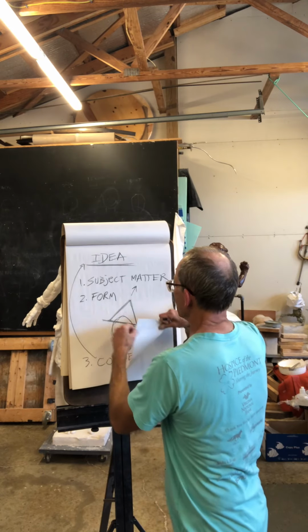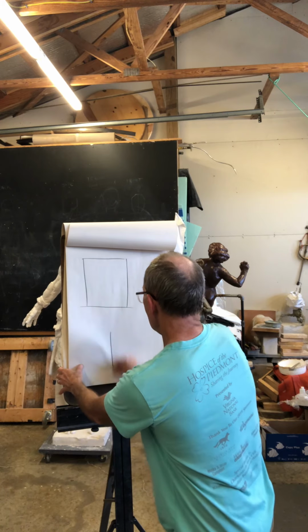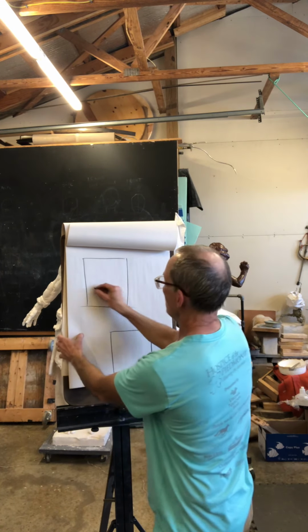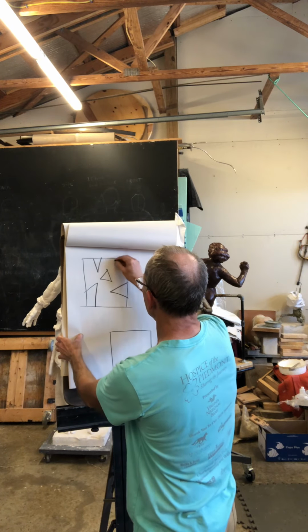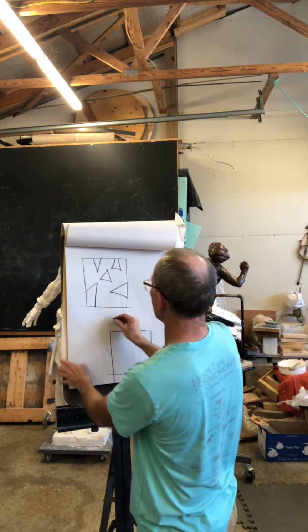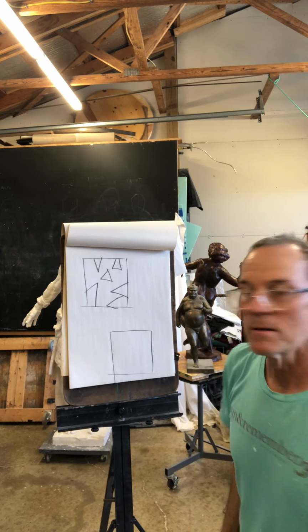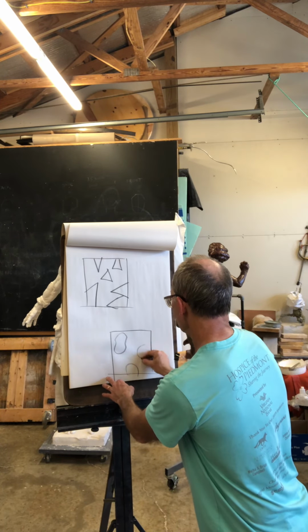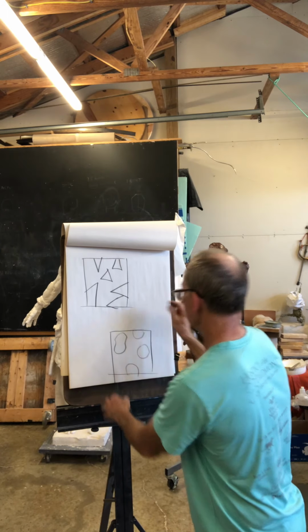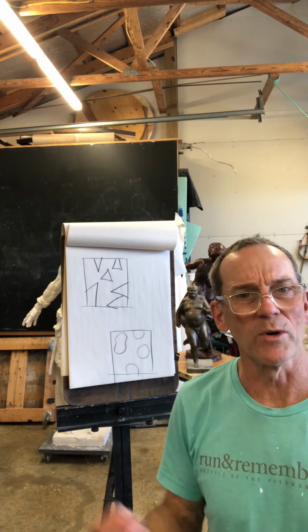So if that still seems a little fuzzy to you, if I do two drawings, and in one, my drawing is like this, and in my other, my drawing is like this. Okay. There's a very different feel to those two drawings, right? Simply because of the graphic consequence of the shapes that I put in.